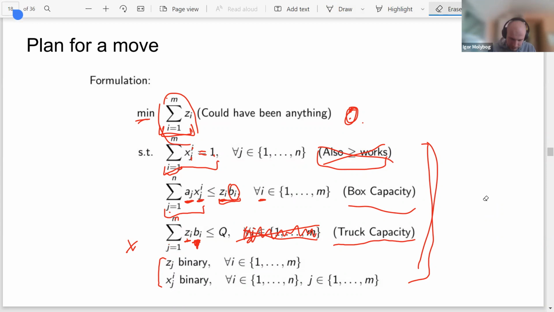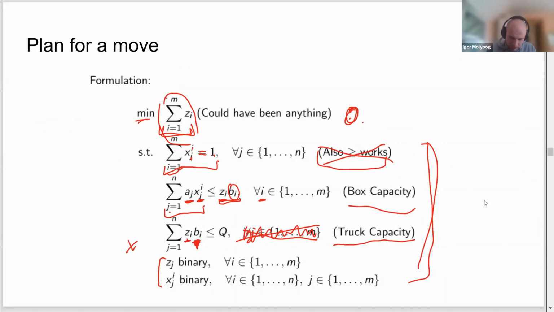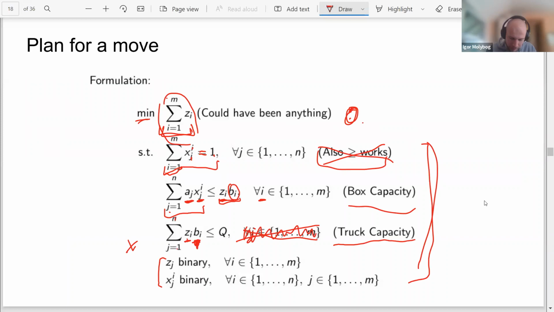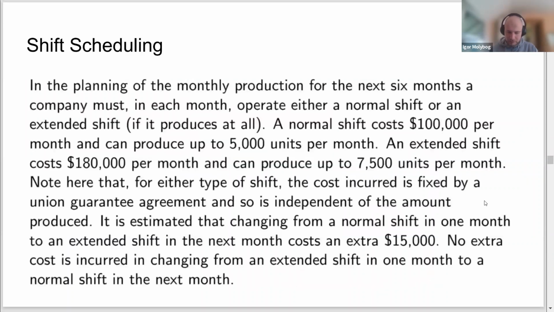We have m boxes, if I remember correctly. Yes, so it must be from 1 to m, and then there's no j here, and this is the truck capacity constraint. So now it should be okay. Sounds good. Thank you for the correction. Awesome. Any other questions?